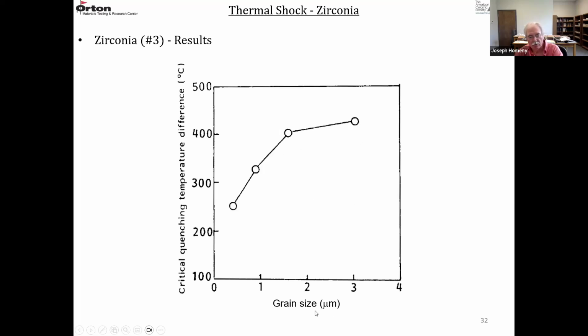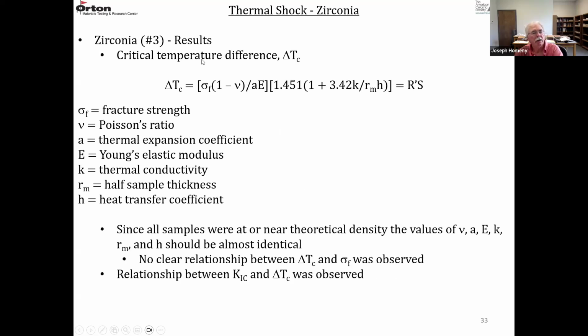So the higher the grain size, the bigger the critical quenching difference. So they looked at this critical temperature, delta TC. This is basically the equation that we developed a few classes ago. This is R prime, taking into account the thermal conductivity, the sample size, the heat transfer coefficient, and the shape factor.